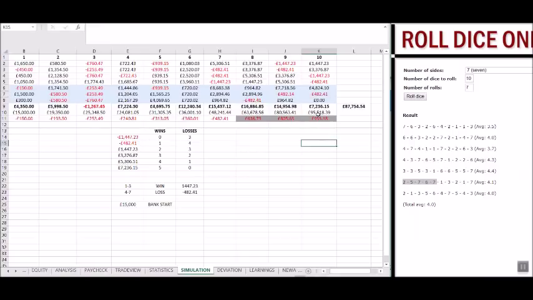And then finally, the very, very last day of the simulation is 3 wins, which is 3,376.87. And then there's a loss there, take away 482.41. So the very last trading result is this.